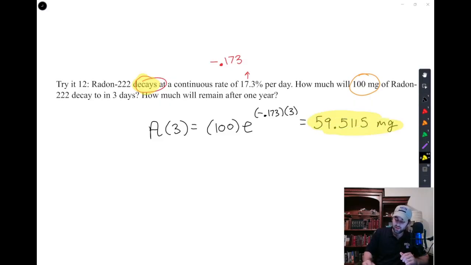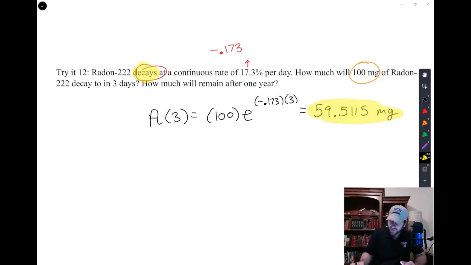And so what we know is after 3 days, it's decreased to 50. Well, it didn't even decrease halfway. It started at 100 and it's down to 59. So it lost about 40 milligrams in about 3 days, which isn't that much.